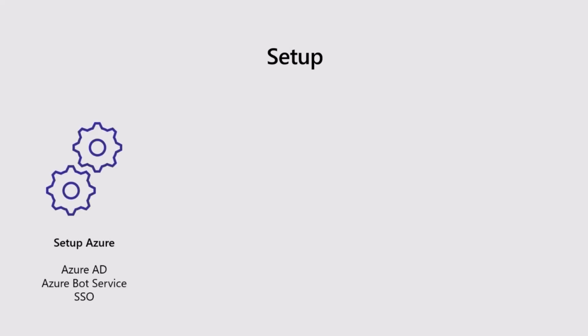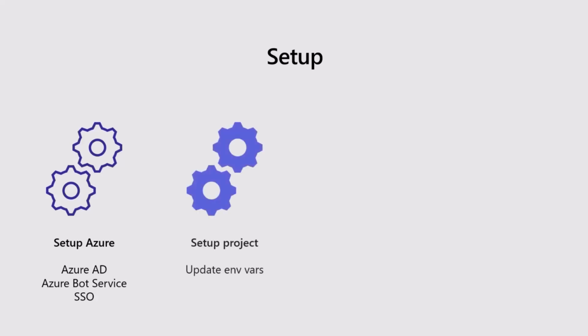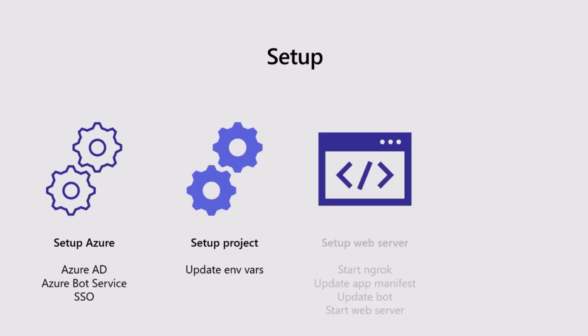You can go take a look at that. One of the things to mention about this project is that to actually get it set up, I had to do quite a bit of work. I had to go into Azure. I had to set up an Azure AD app registration, configure it, configure Azure Bot Service, and configure SSO as well. I had to then come into my project and update some environment variables.